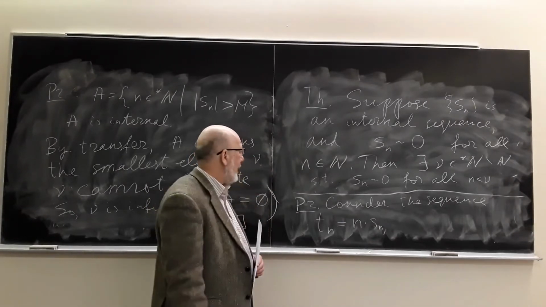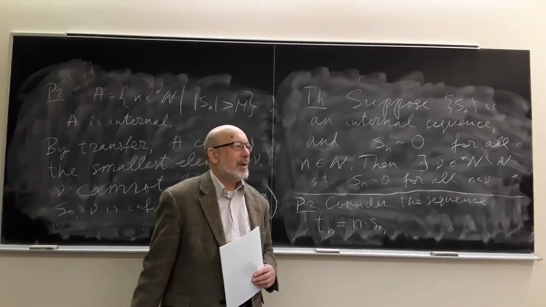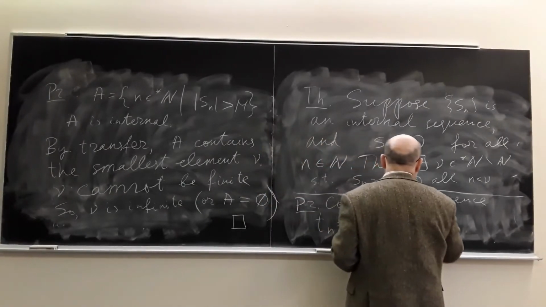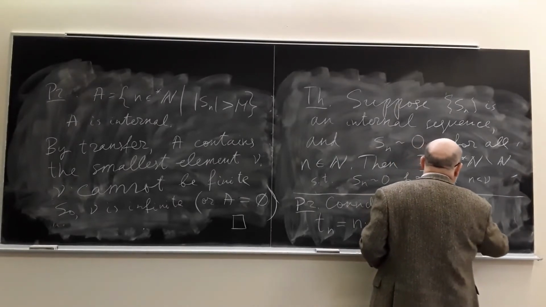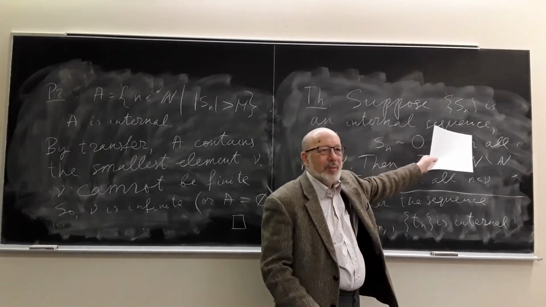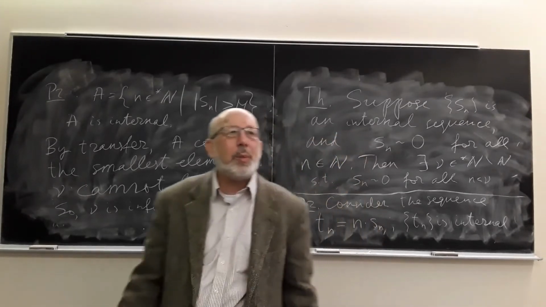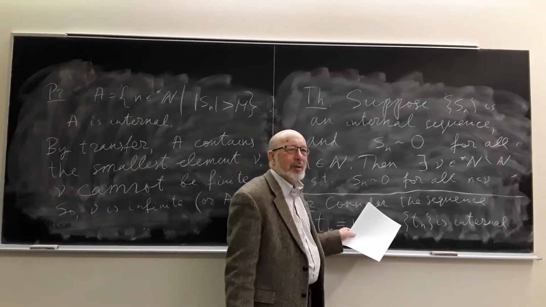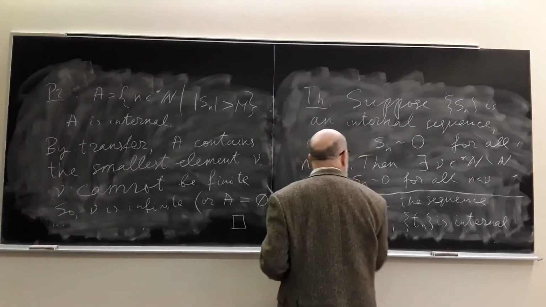There is another small reason which I skip, that the sequence Tn is internal if Sn is internal. So multiplying by n is internal, so the property of Tn being of this form is internal, which is a formula. So we have an internal sequence.